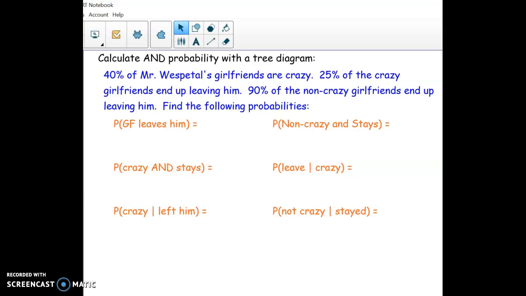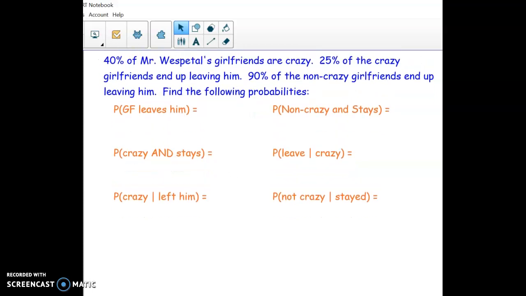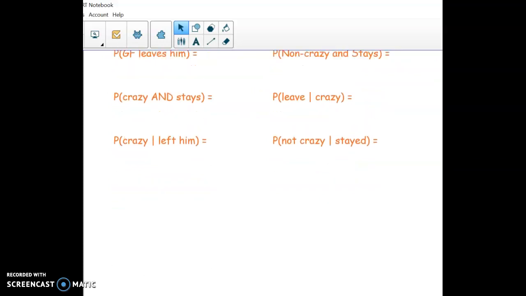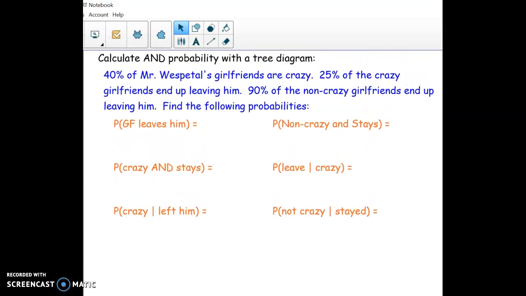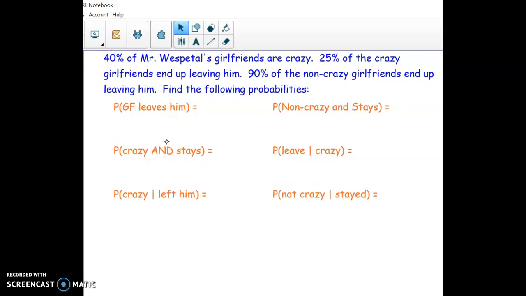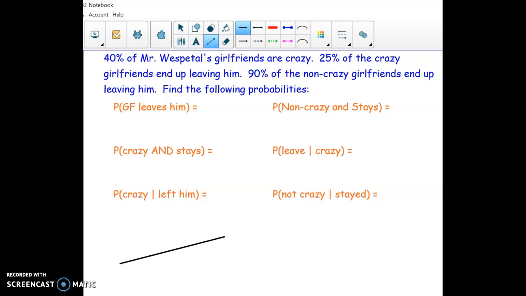I have a little bit of a hard time fitting this all on my screen here, but I want to draw the tree diagram down here and then try to reference it when we do the questions. Do my best to fit it all in here. Okay, so when we start off, we know about what happens if they're crazy or non-crazy, so we want to split initially like that. I'm going to split them into crazy and non-crazy girlfriends.